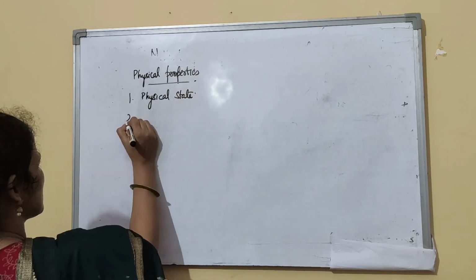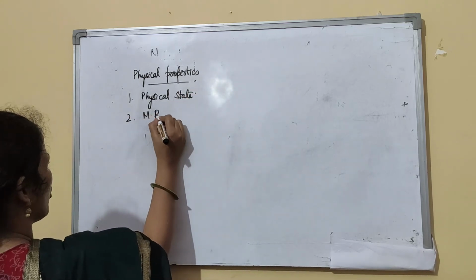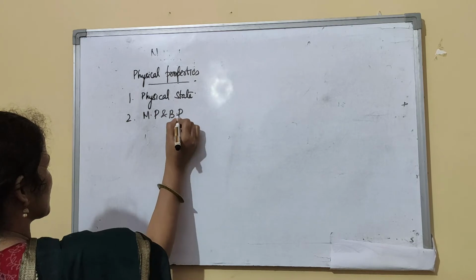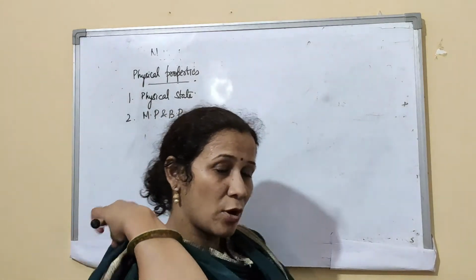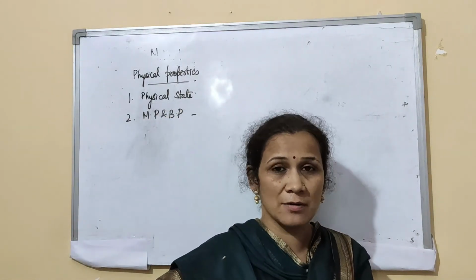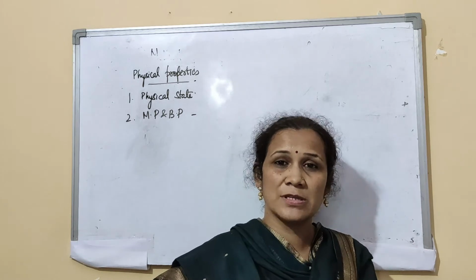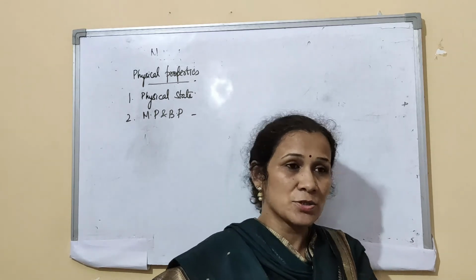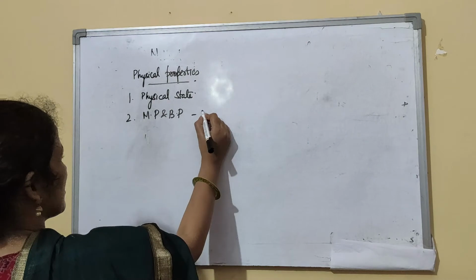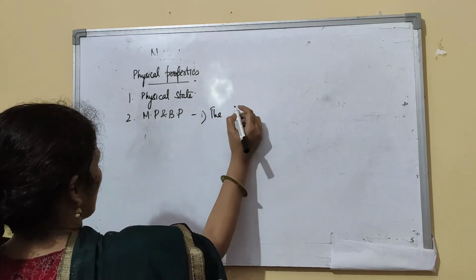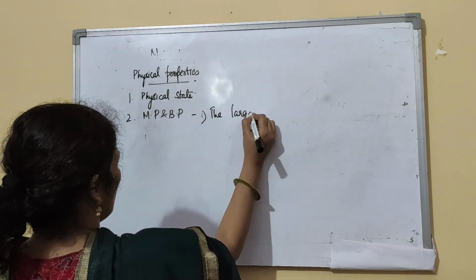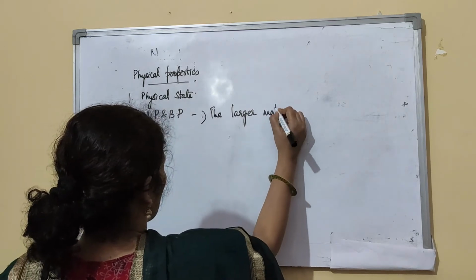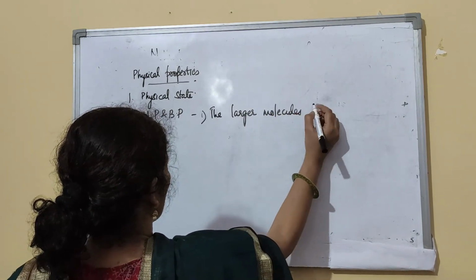The second is melting point and boiling point. So there is a general rule. The boiling point depends on the surface area. Larger the surface area, greater the boiling point. So the first thing is, the larger molecules of alcohols have higher boiling point.